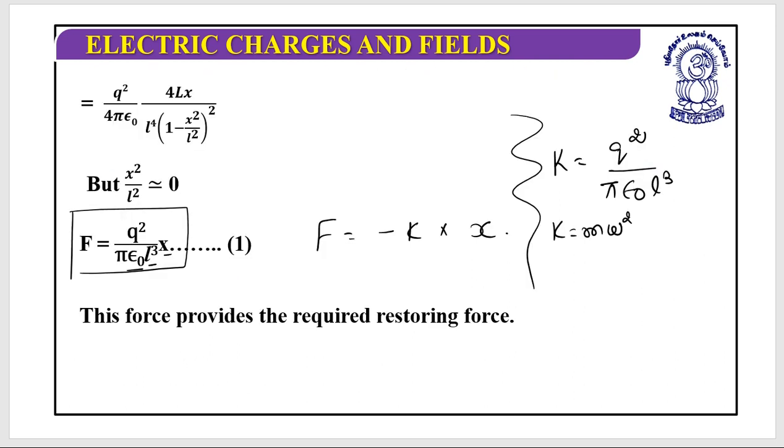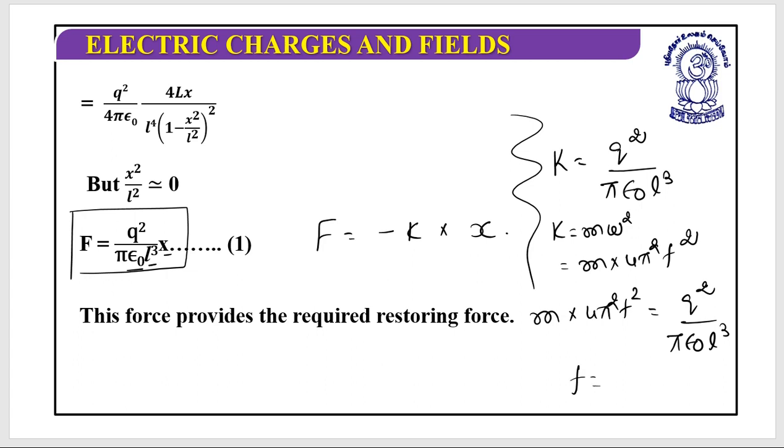I require a frequency. I can also write this as m multiplied by 4 pi square f square. So m multiplied by 4 pi square f square should be equal to q square divided by pi epsilon naught l cube, and from this you can find out the frequency.